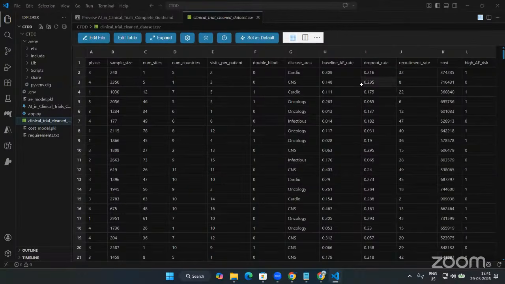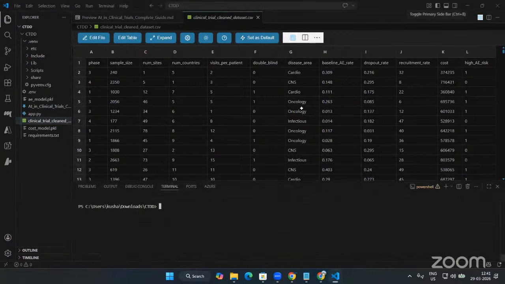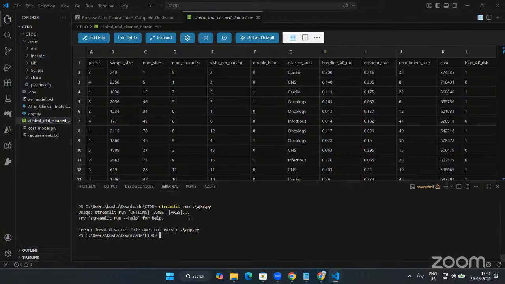So here in VS Code, I should be able to work with a terminal. This is the terminal where I will run this application. So, streamlit run.